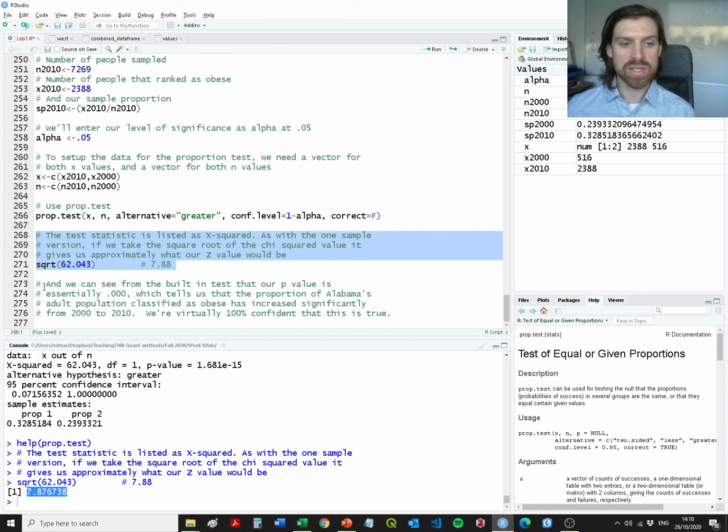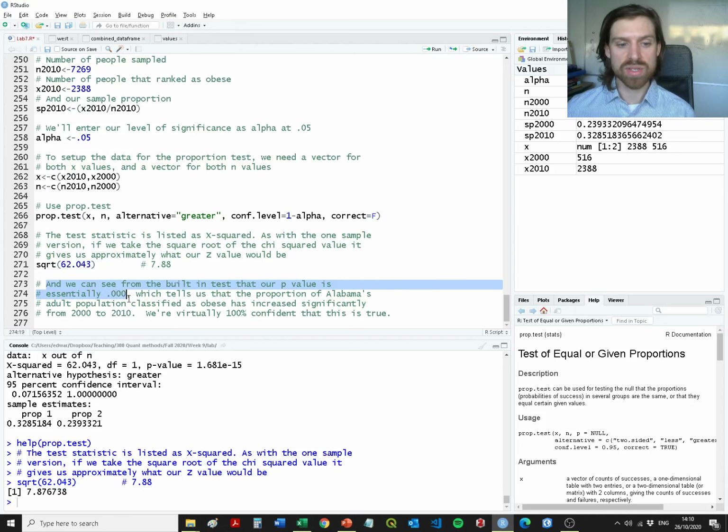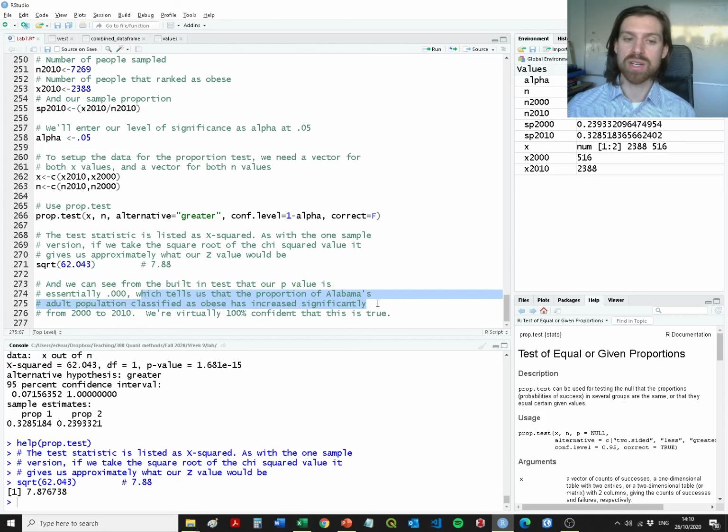Okay, so we can see from the built-in test that our p-value is essentially 0.00. The p-value here is 1.68 to the minus 15, so it's very, very small, which tells us that the proportion of Alabama's adult population classified as obese has significantly increased between those two sample periods, the turn of the millennium, the year 2000, and then 2010.